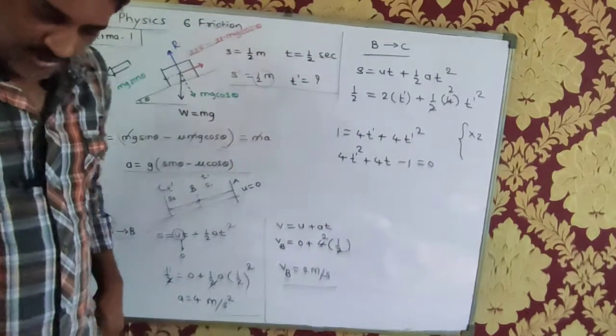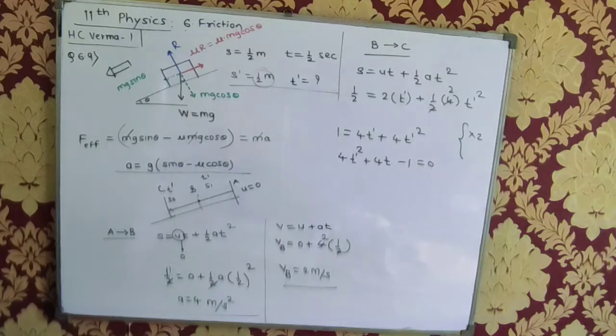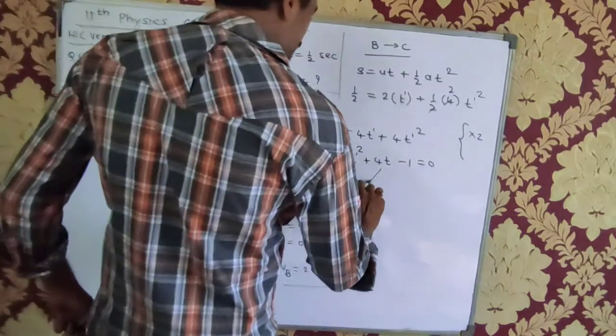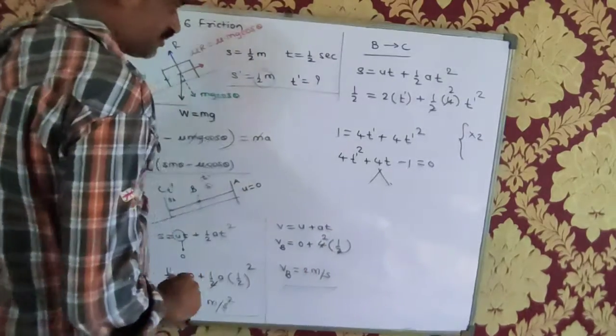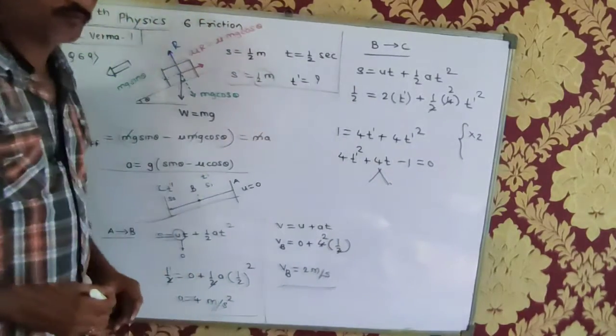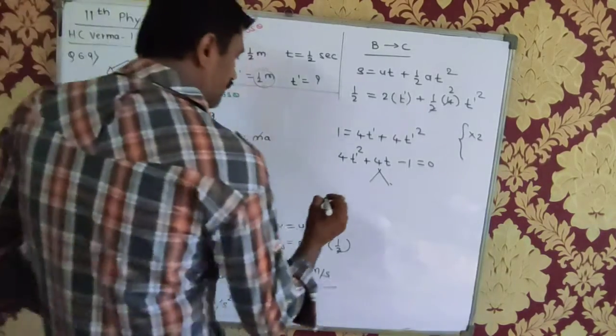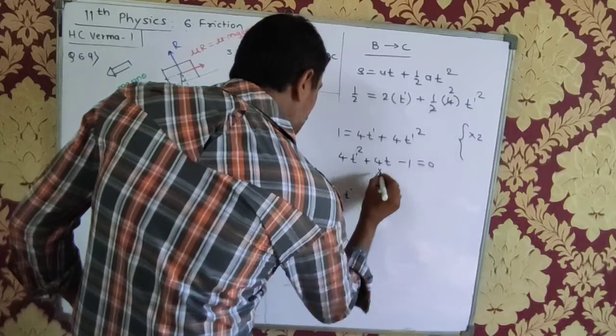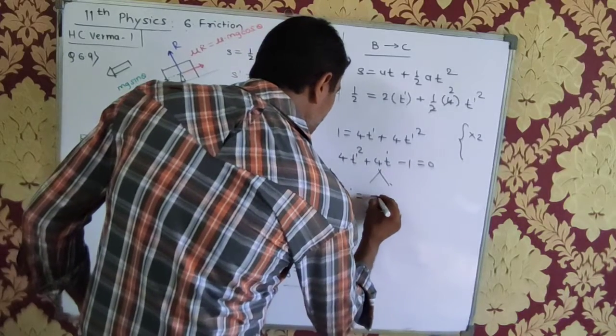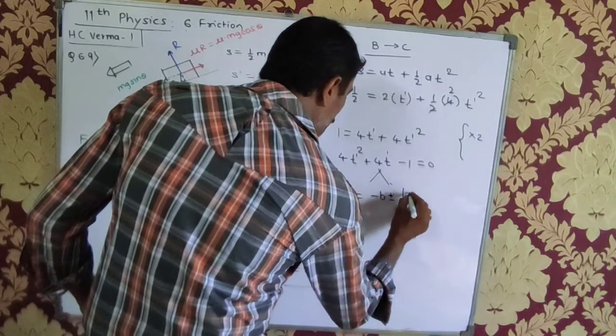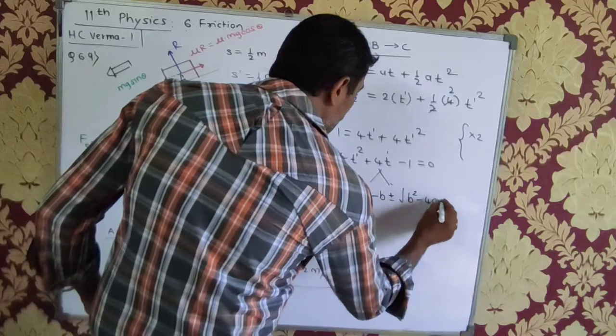Now can we solve this by calculator? Therefore t dash is equal to minus b plus or minus square root of b square minus 4ac upon 2a.